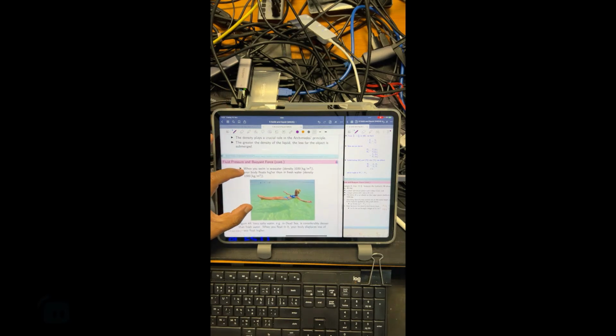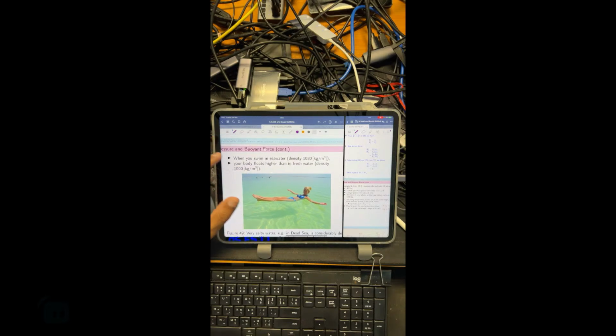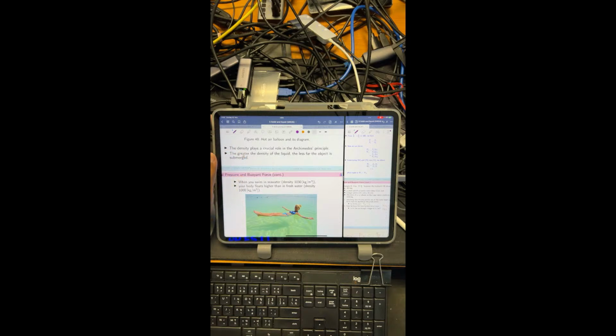When you swim in seawater, which usually has a density of 1,030 kilograms per cubic meter, your body floats higher than in fresh water, which has a density of 1,000 kilograms per cubic meter. The fluid that has more density is going to bring you up more. That's the meaning of the less far the object is submerged.